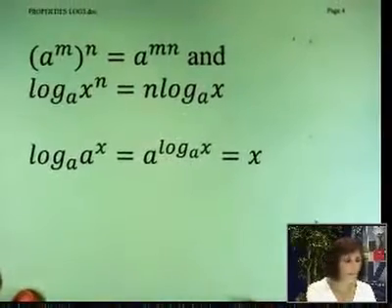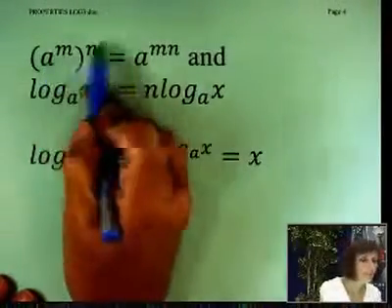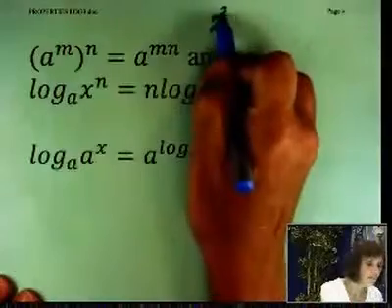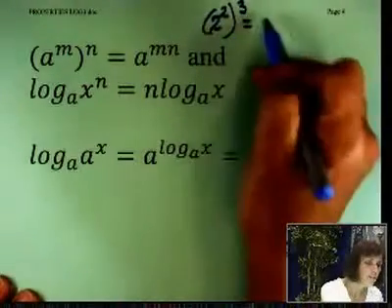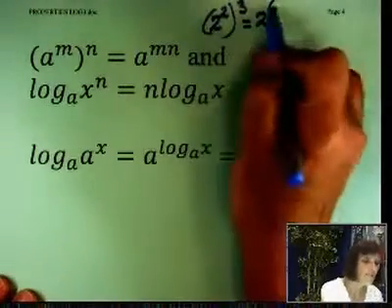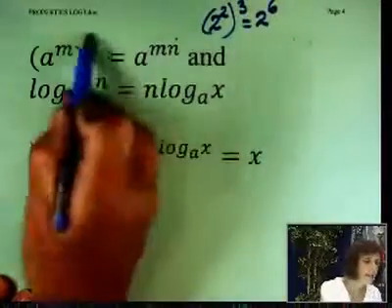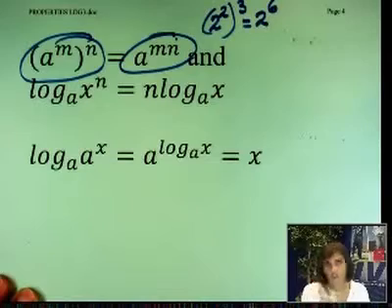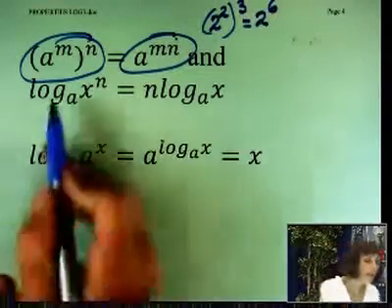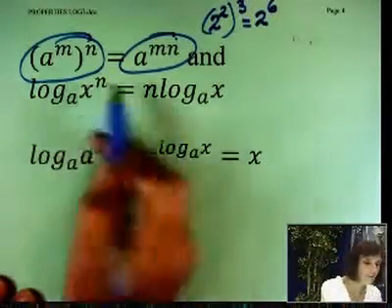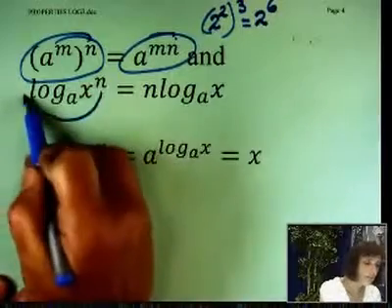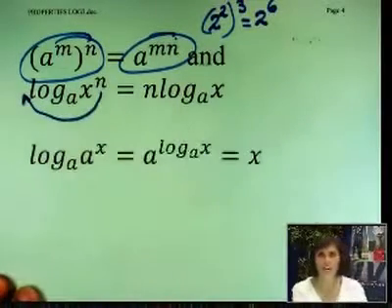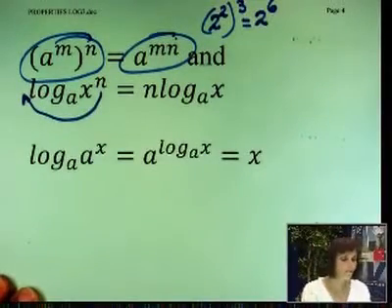Let's do the power of a power. This means a to the m to the nth power, something like that, 2 to the second to the third. It's going to end up with 2 times 3, which is 2 to the 6. Do you see that? Power of a power, the powers are just multiplied. The equivalent of that, log base a of x to the n, means you can pull that n in front. I'm not going to do the derivation at this point, just memorize it.